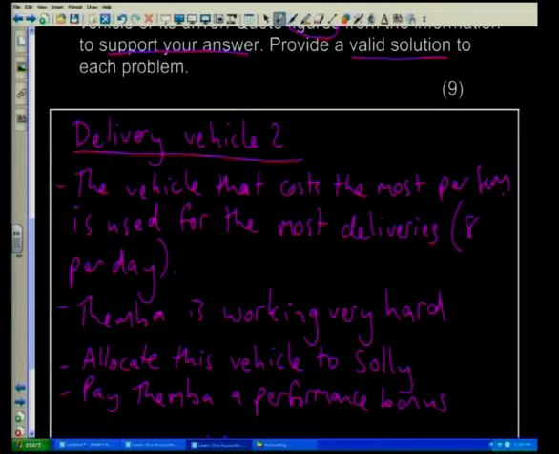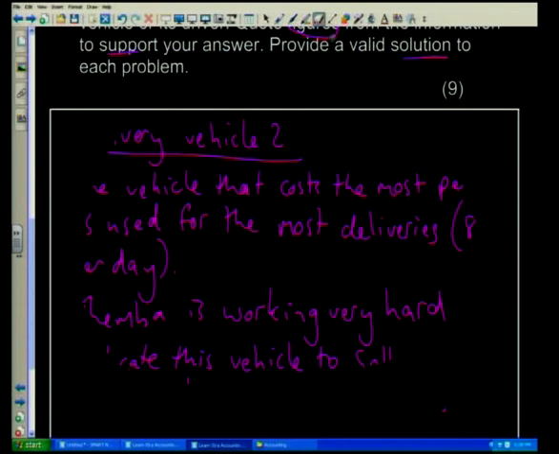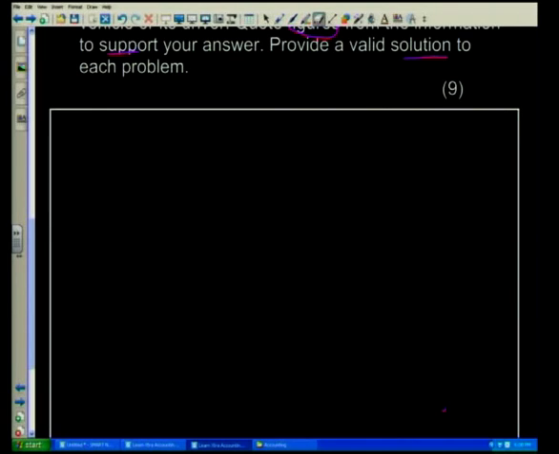Now let's look at the third delivery vehicle. Delivery vehicle 3.